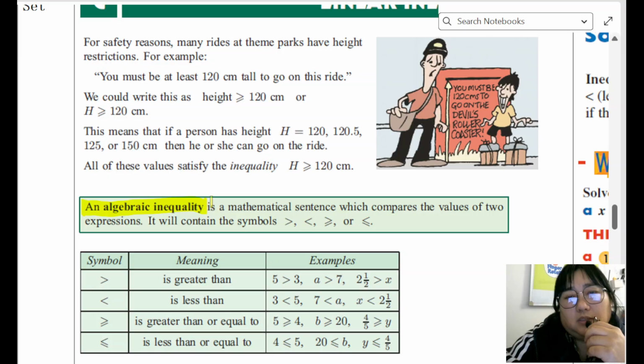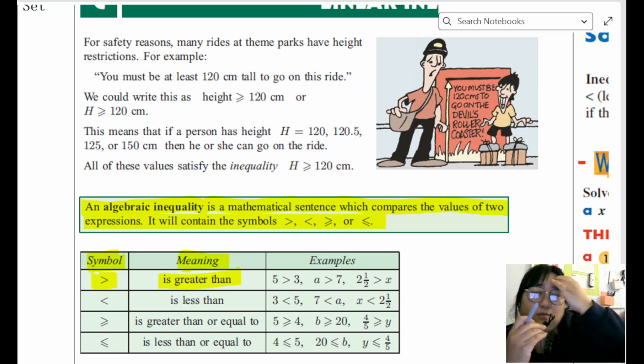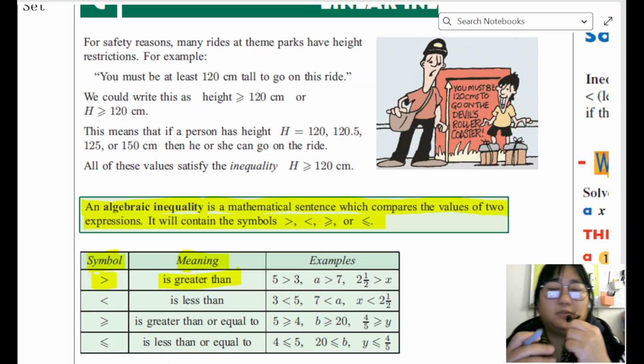Inequality is a mathematical sentence that compares the value of two expressions and will always contain these symbols here. That symbol we call greater than. The example is like 5 is greater than 3, 8 is greater than 7.